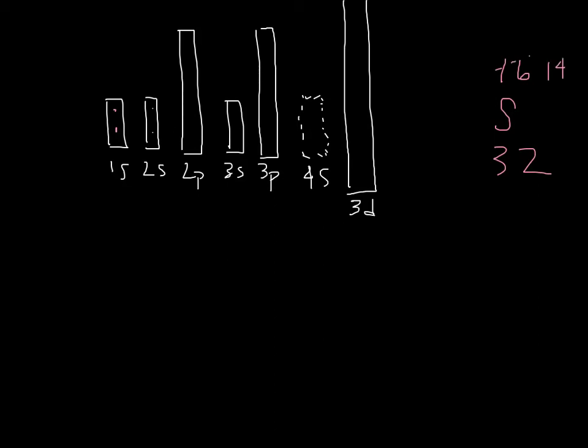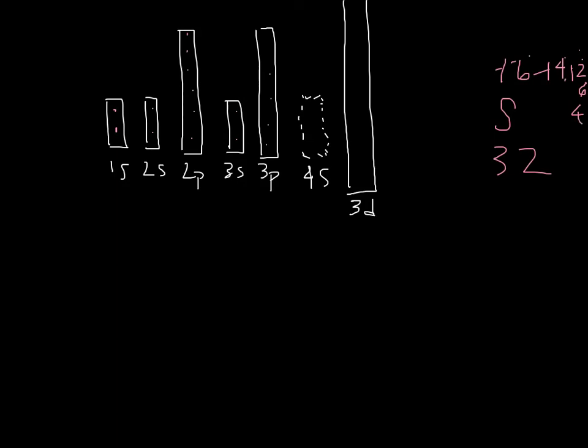We have 2 more in 2s. Now we have 12. And then we can fit 6 in the p. 1, 2, 3, 4, 5, and 6. So 12 minus 6 is 6. So I can fit 2 more here. So now I have 4, and 1, 2, 3, and 4.